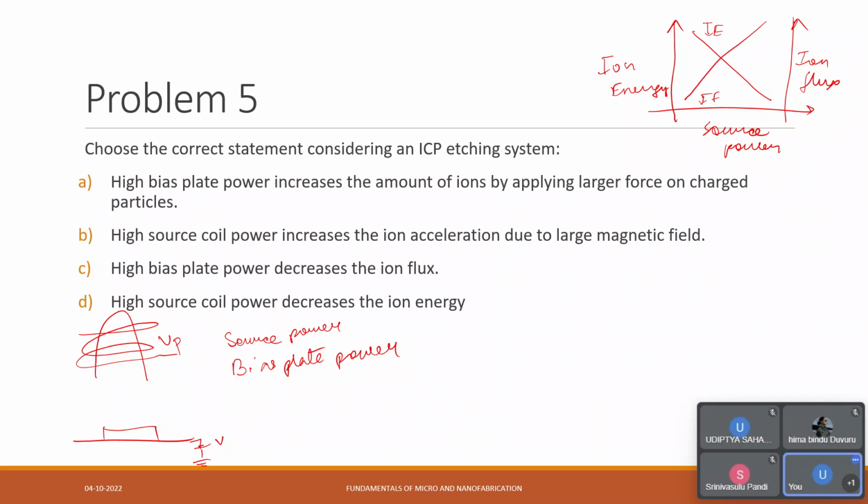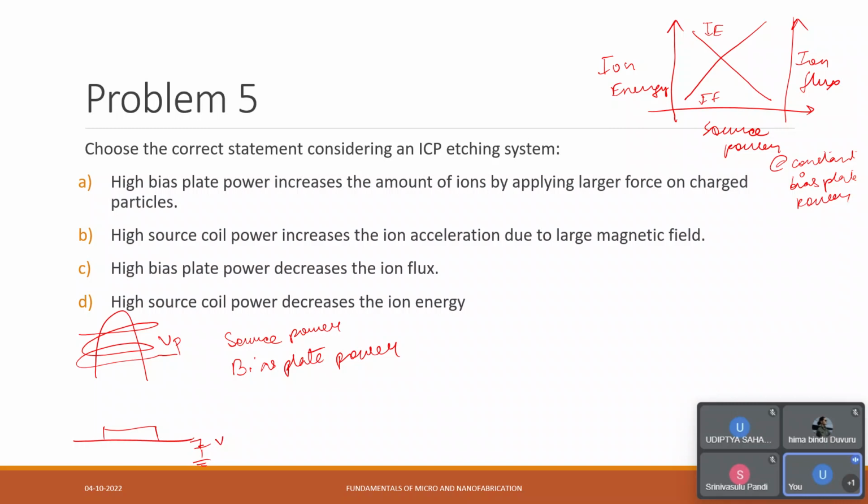This is at constant bias plate power. So what we see is when we increase the source power, the ion flux increases, but the ion energy decreases.